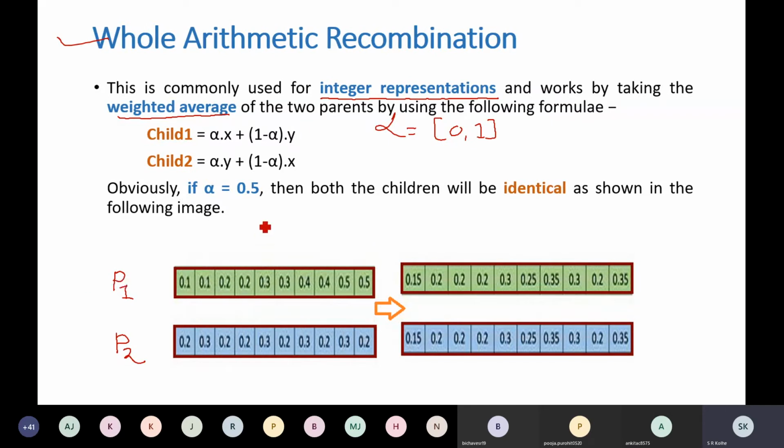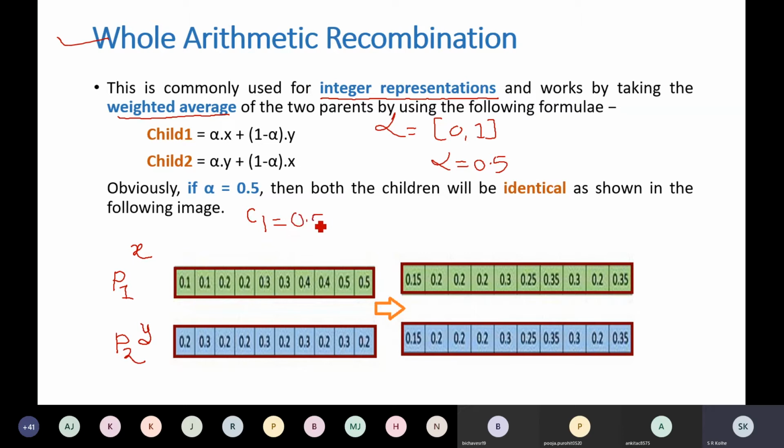Now alpha is, suppose, 0.5. It should not be 0.5, but suppose it is 0.5. The value belonging to P1 is x and belonging to P2 we will represent as y. So we will find out C1 now, the value of child 1.